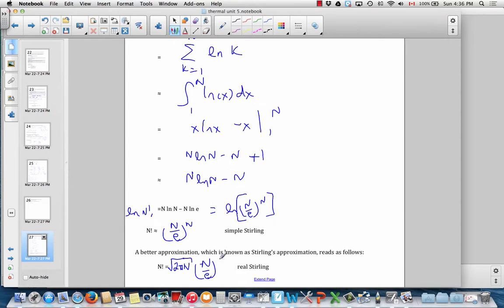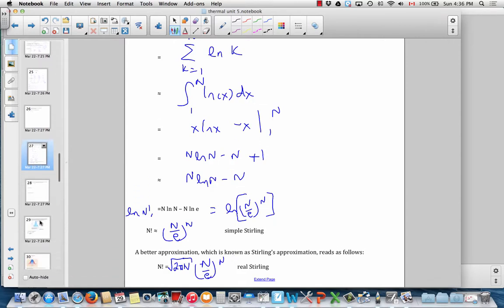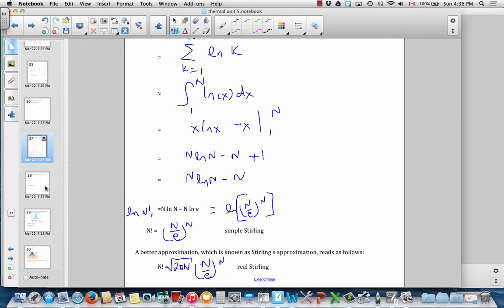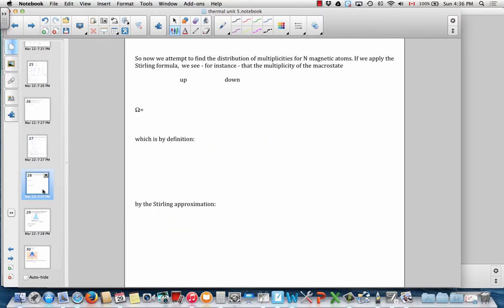And we're going to use this now to look at the probability distribution function for, say, n spins, or n atoms rather, where n is a big number. So what's the multiplicity of the up equals down, the most common state?